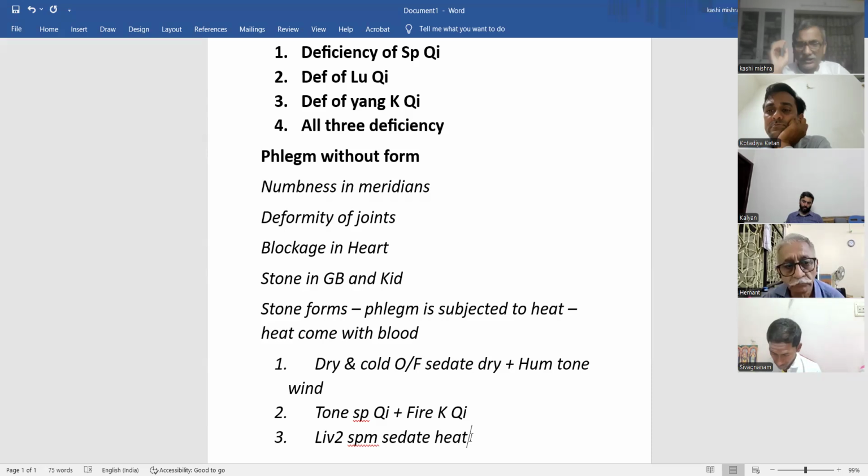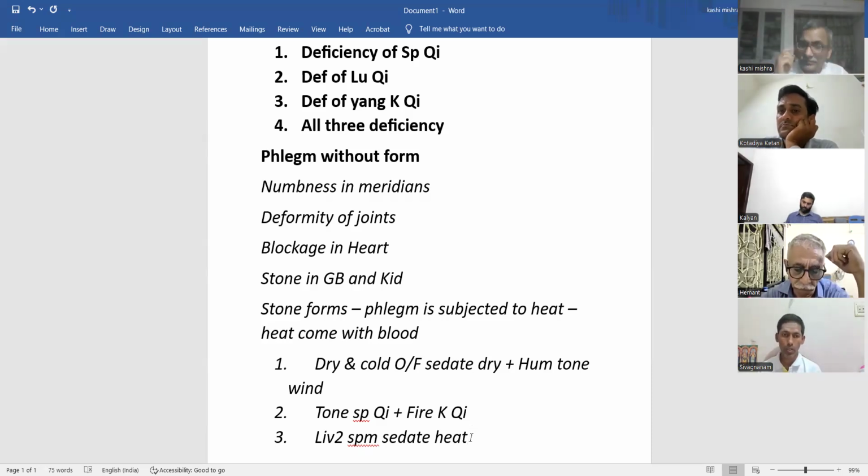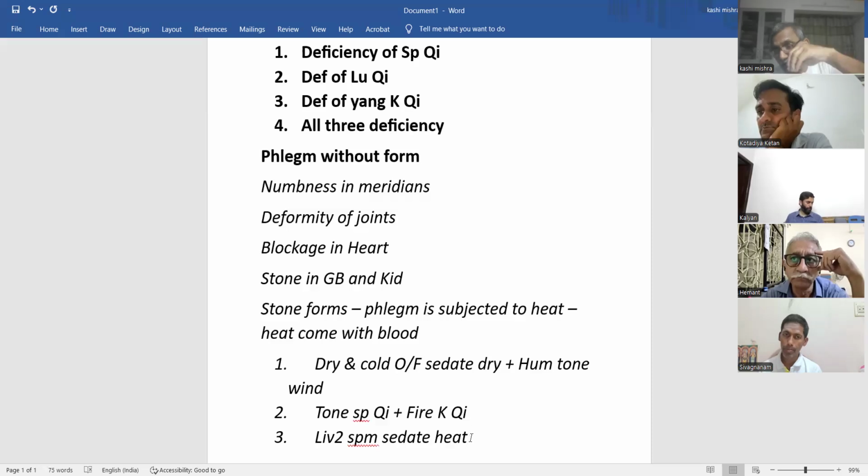ये है स्टोन्स के लिए. लेकिन remember, गॉल ब्लैडर में नहीं हो पाता है. Why? Because there is a sphincter. The common bile duct is coming and joining where the pancreas is joining the duodenum.